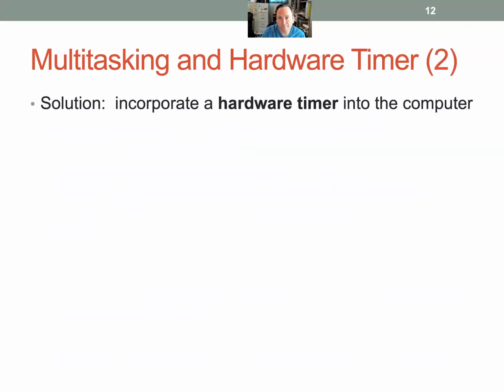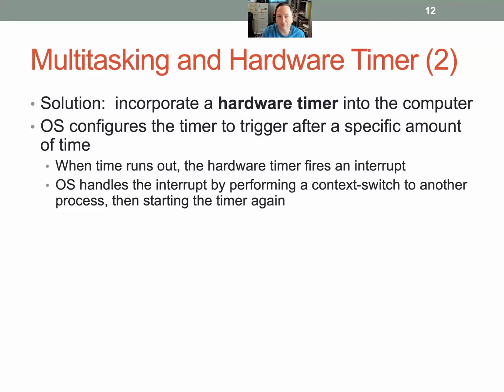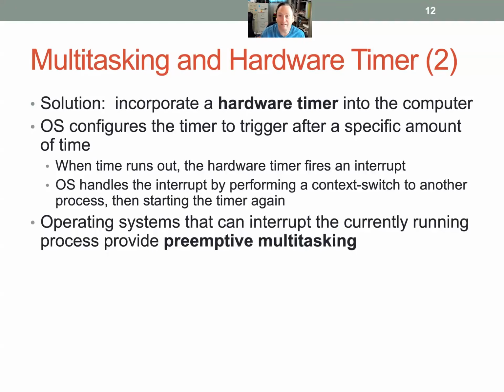So the way that we solve this problem is through a hardware timer. You have a hardware timer that's only configurable from kernel mode, and you set that sucker up to go off at a certain time and preemptively force the current program off of the CPU. So as you would imagine, this is called preemptive multitasking.